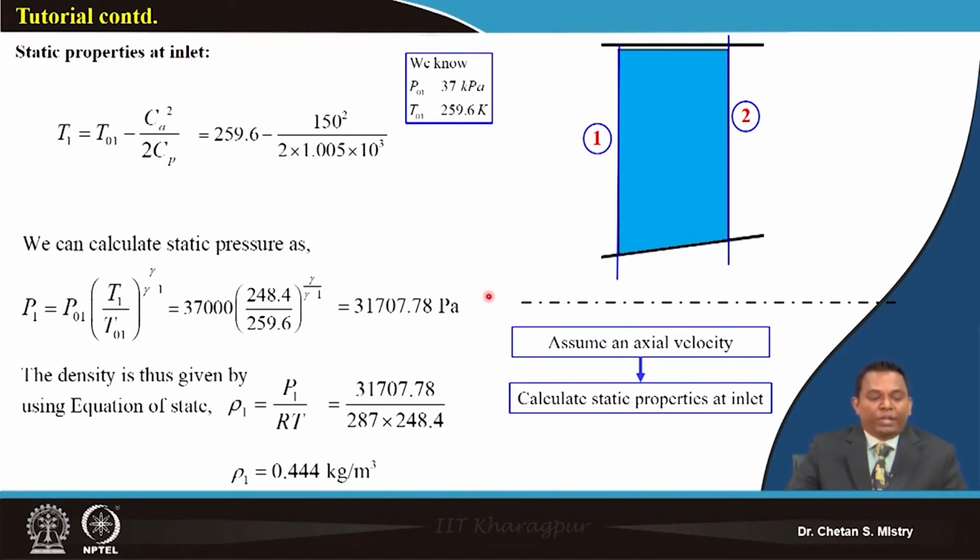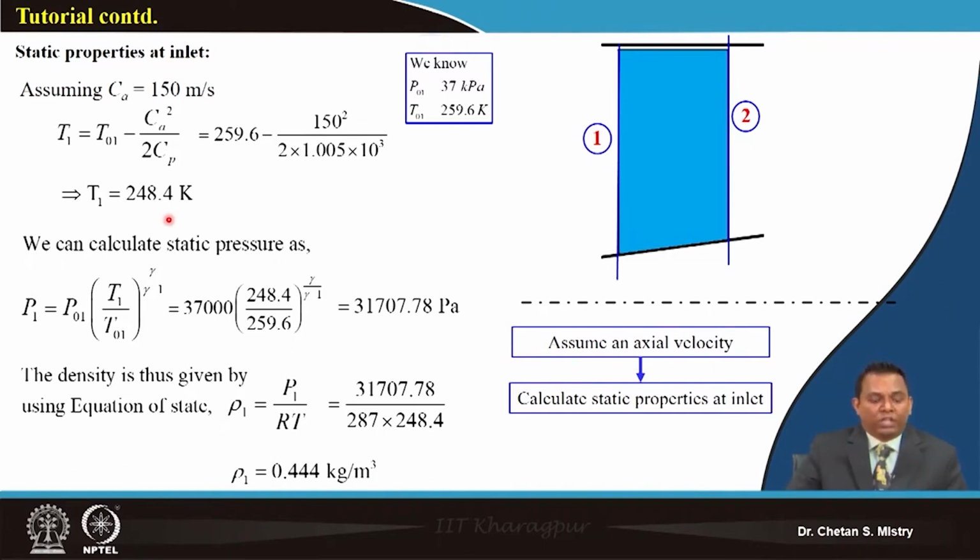For this case, we are assuming our axial velocity, say 150 meter per second, as nothing is mentioned. At that particular station, the axial entry, my CA and C1 are both the same. If we put that in, it gives me my entry temperature as 248.4 Kelvin.